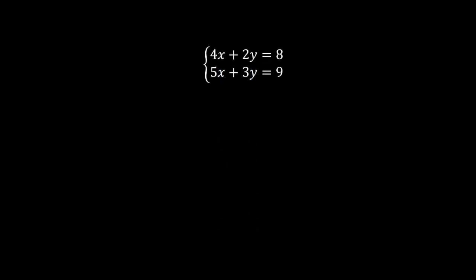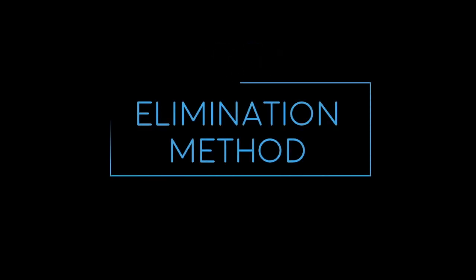But when we introduce another equation, it's possible to find only one set of x and y values because both values need to satisfy both of these equations. The question now is, how do we find these values? Again, you can try several methods, but one of the most common methods are substitution and elimination method. In this session, we will solve systems of linear equations using the elimination method.